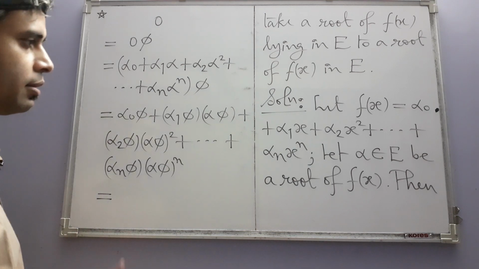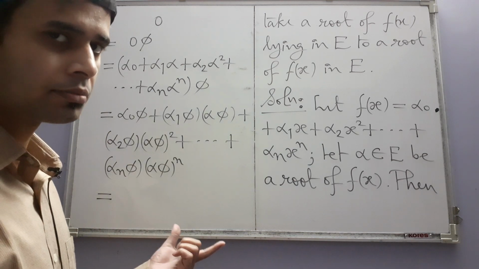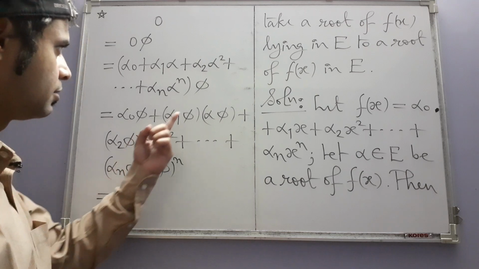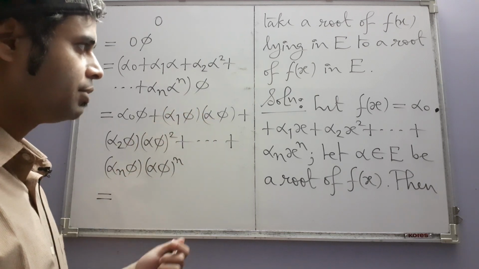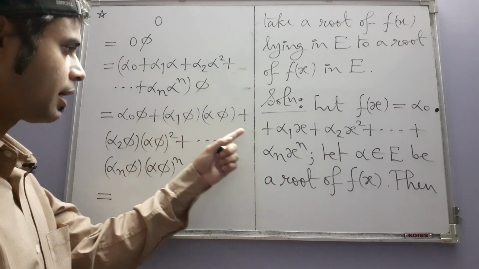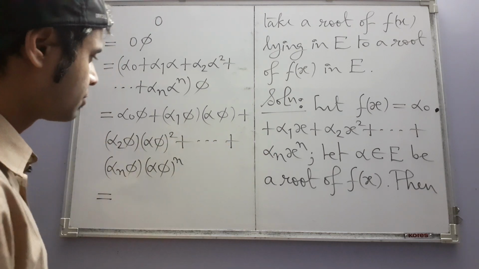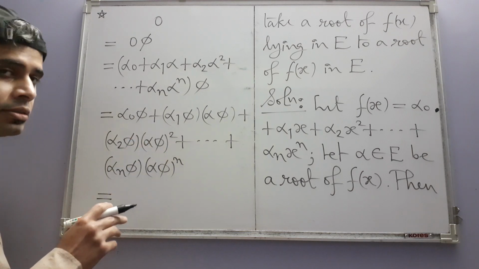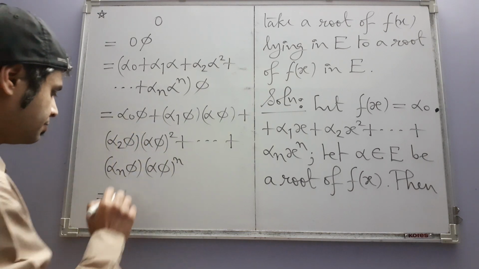Now we use that other part of the hypothesis that this automorphism phi fixes every element of F. So because the coefficients, the alpha_i's, are coming from F, none of them will change under phi.